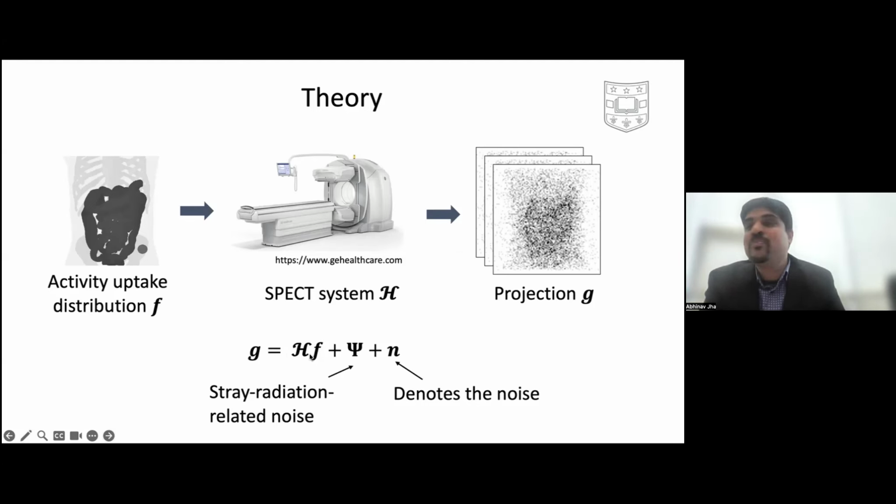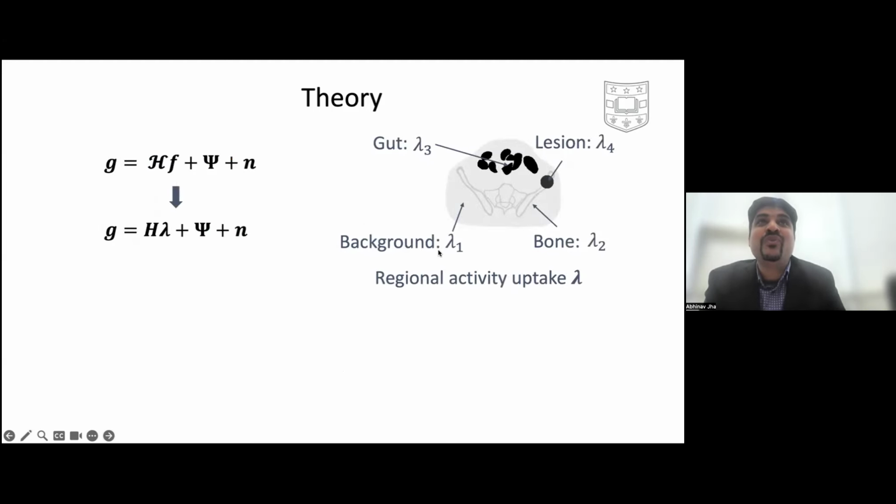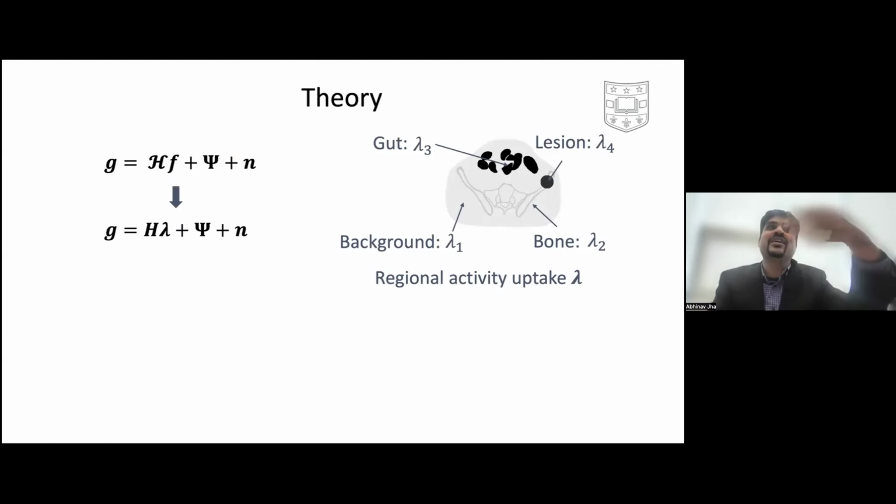So this becomes a matrix that relates a voxelized patient to the discrete detector. Now, instead of voxels, you could define VOIs, such as lesions, gut, bone, and call each of them as having its own mean activity uptake defined by lambda. And so you can have a system matrix that now relates not a voxel to a detector pixel, but a VOI to a detector pixel. So that's the underlying, overall math behind this.